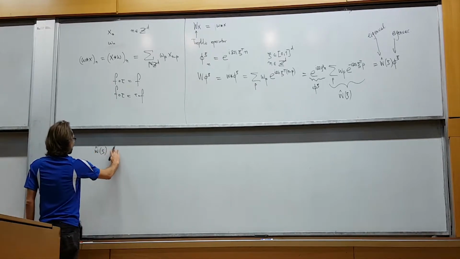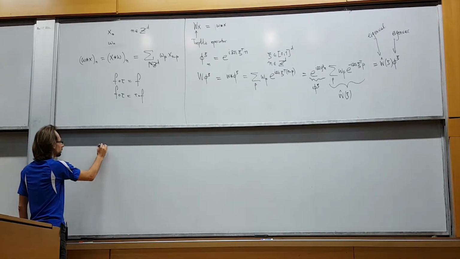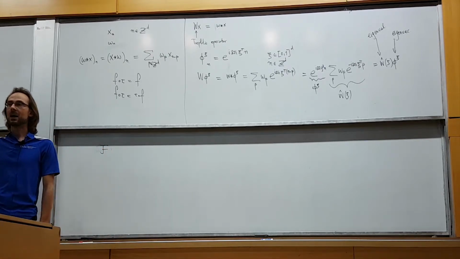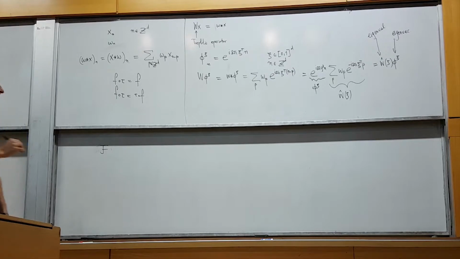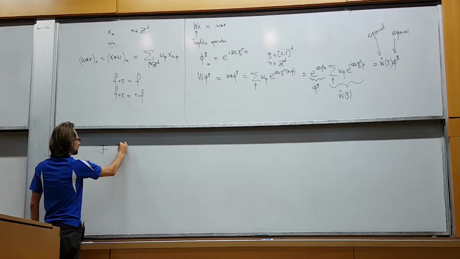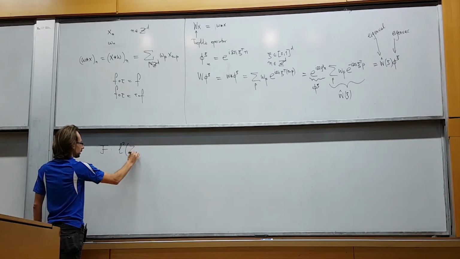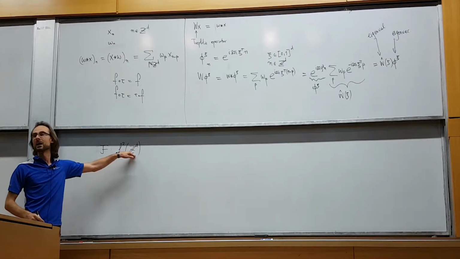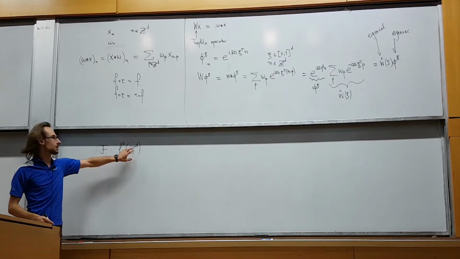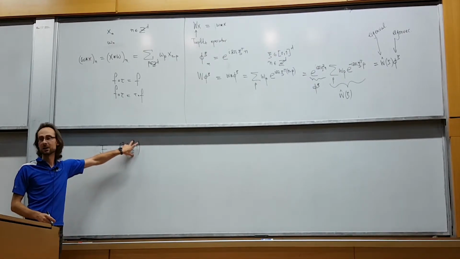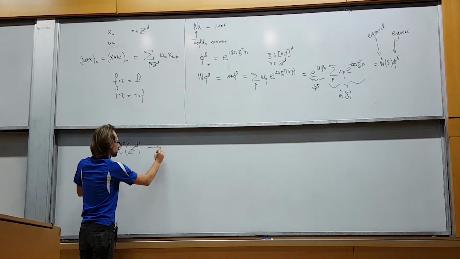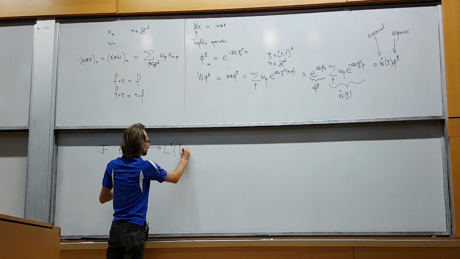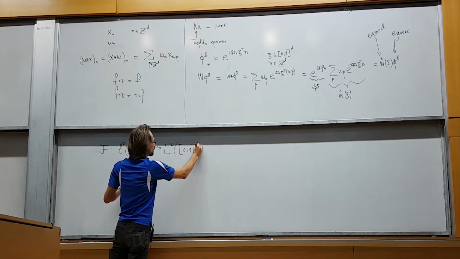Let me define an operator, which I will call F, that maps a signal, an object in this Hilbert space of all square summable sequences indexed by a d-dimensional index, to the space of square integrable functions on the domain [0,1] to the power d.